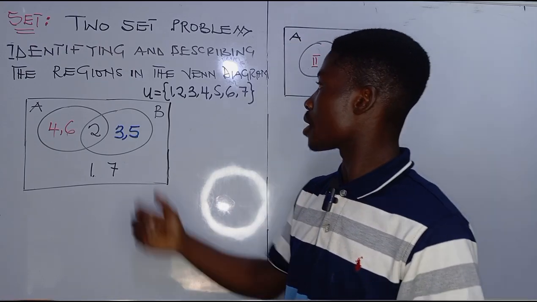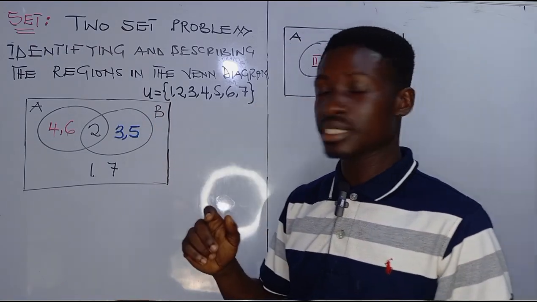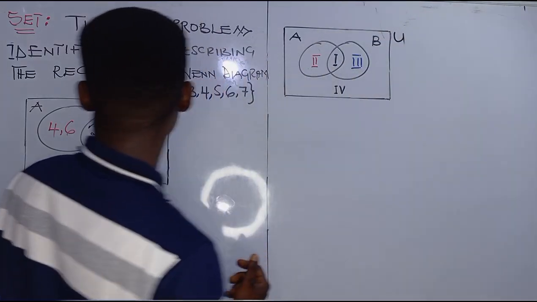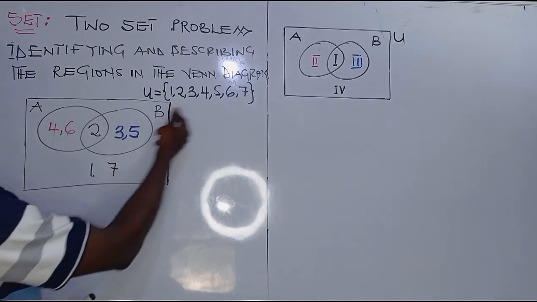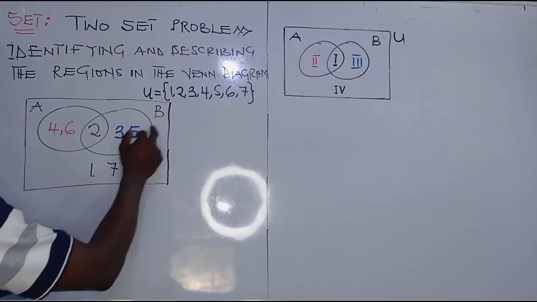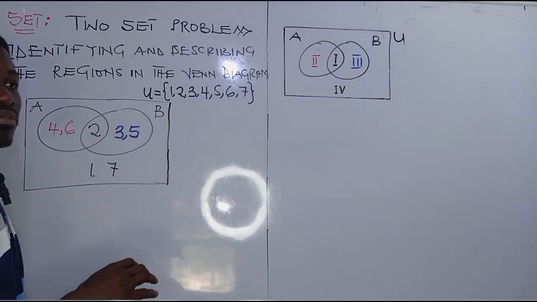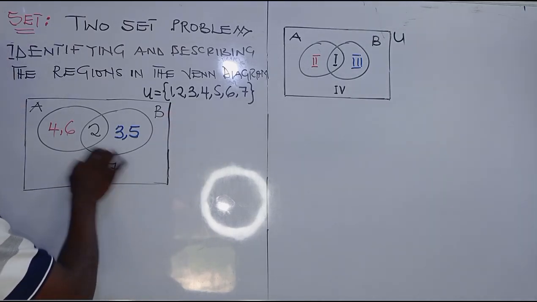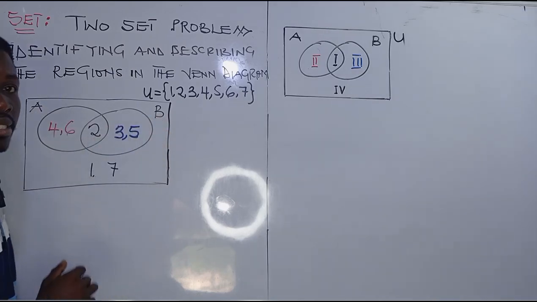So let's start. We have the universal set which contains these elements. We also have a subset of the universal set, set A and then set B, and then we have elements that belong to the universal set, but are not part of set A and set B.